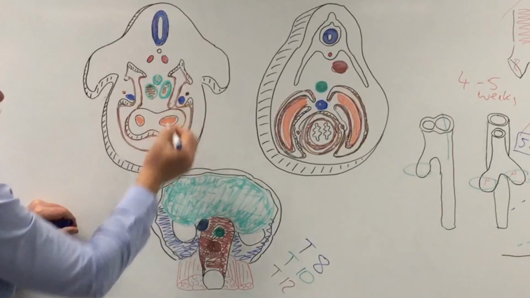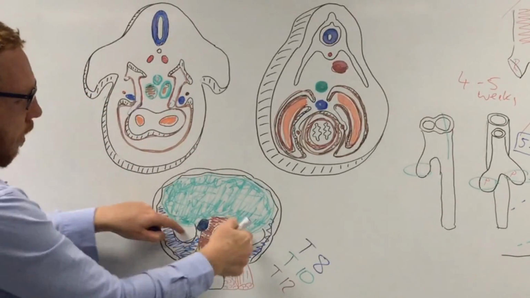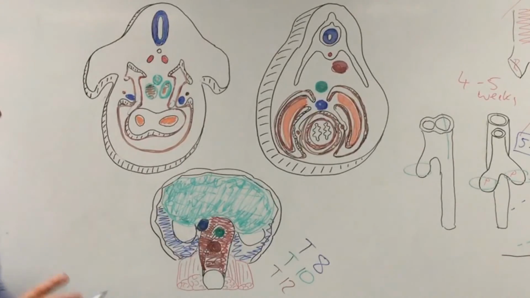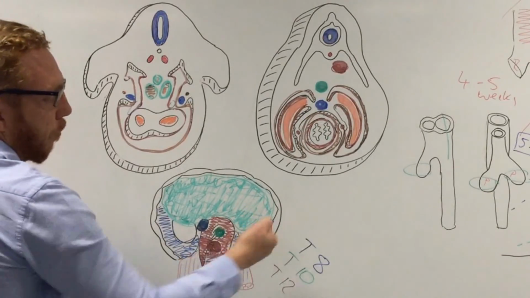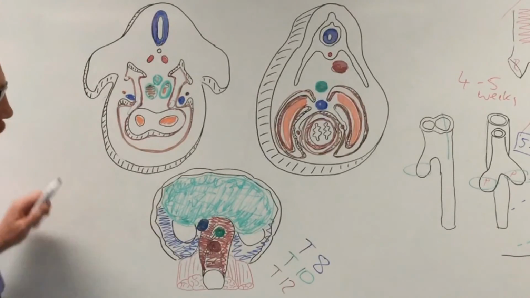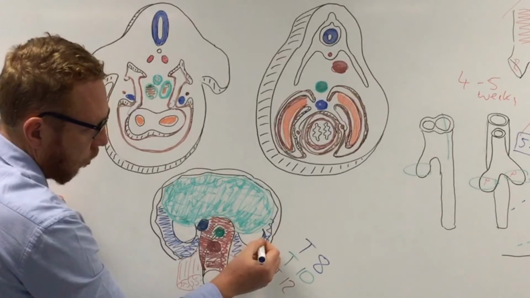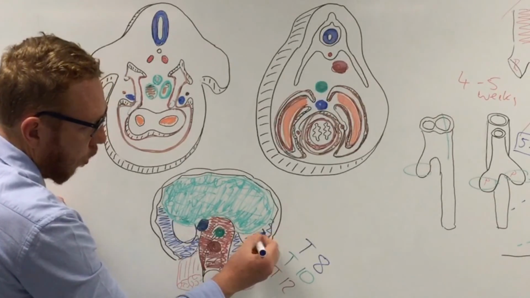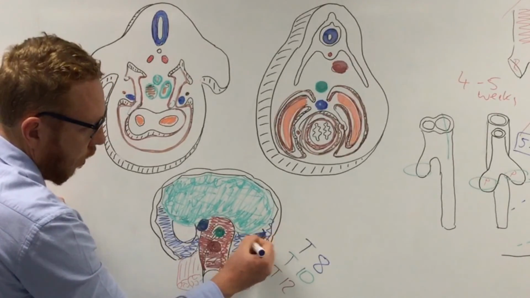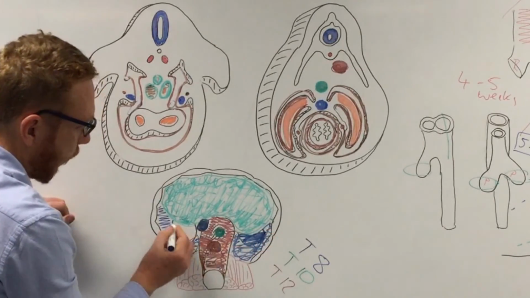This would be coming through like so, so you could communicate through these holes. Sometimes they don't close properly, and you can get the stomach pushing up through the diaphragm, which causes a problem with the development of the lungs. But these canals should close off with the pleuroperitoneal folds. And so that is another component of the diaphragm.